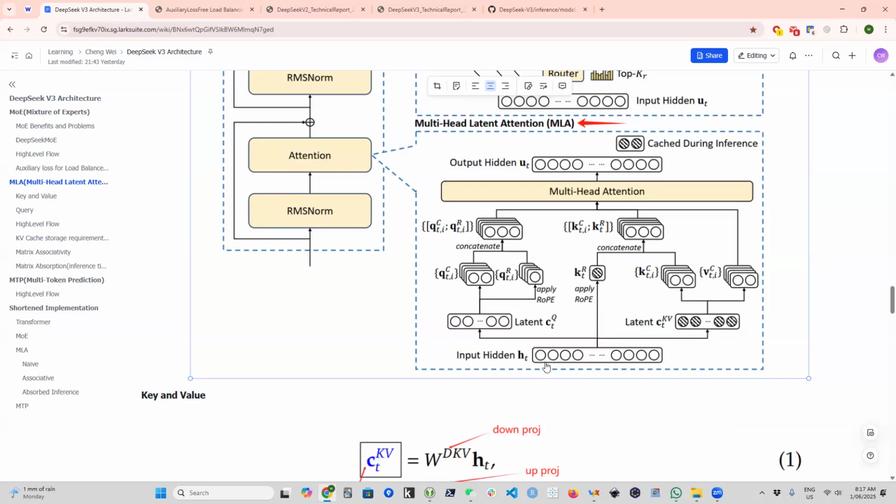How big is a batch normally? It depends on your hardware. You can put like 4 in a batch, depending on your GPU size. When they actually trained, it really depends on your GPU hardware and your dimension also.